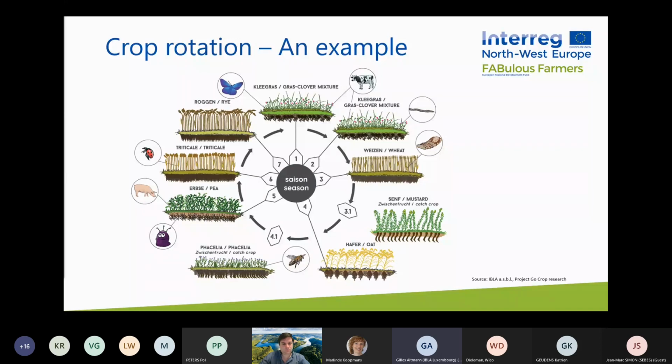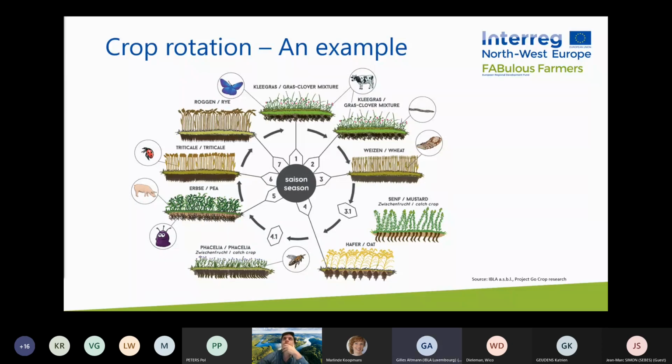The following crops go from cereals with high demand of nitrogen to those with low demand. Between the crops, catch crops like mustard or phacelia ensure a conservation of nutrients and protect the soil by covering it. And integrated legumes in the beginning and in the middle of the rotation enable another nitrogen input for the supply of the cereals at the end.